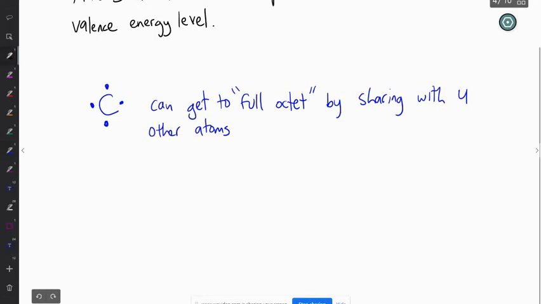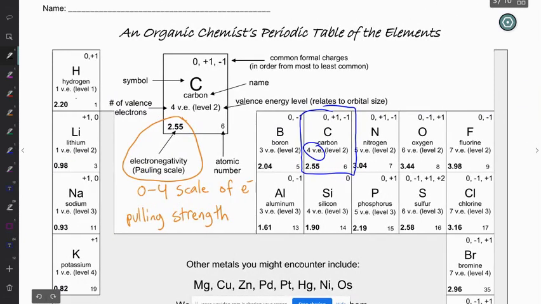So for example, if a carbon were to encounter 4 chlorine atoms, chlorine has 7 valence electrons.